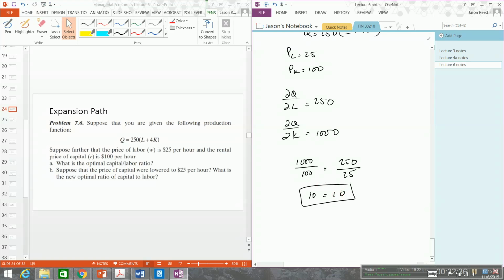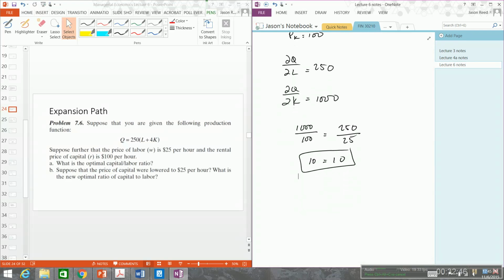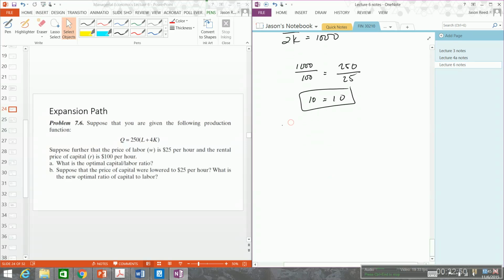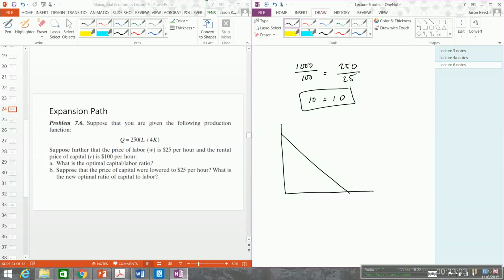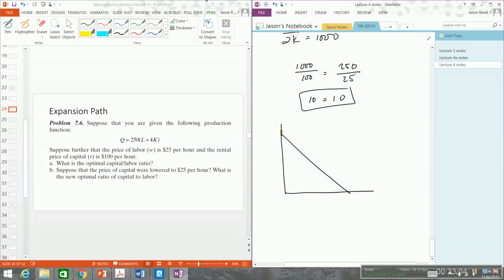And I think this is an interesting result here. We have nothing in terms of capital and labor. So really what we're saying here is that any inclusion of capital and labor is going to give us our optimal amount. And the reason we know this essentially is because this production function is linear. If we were to create an isocost and an isoquant, we would notice that our isocost line essentially is the same as our isoquant.